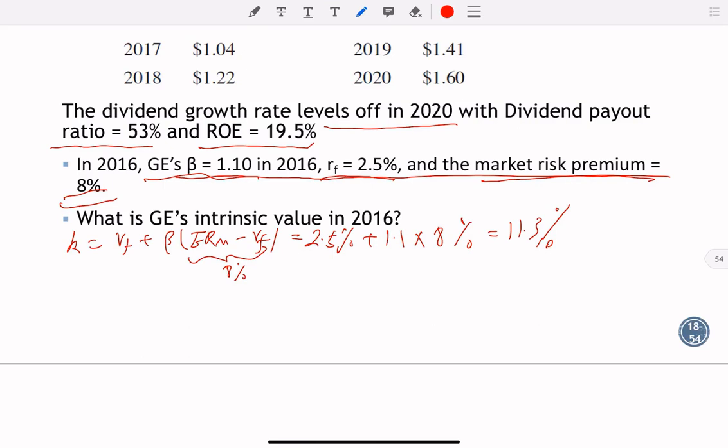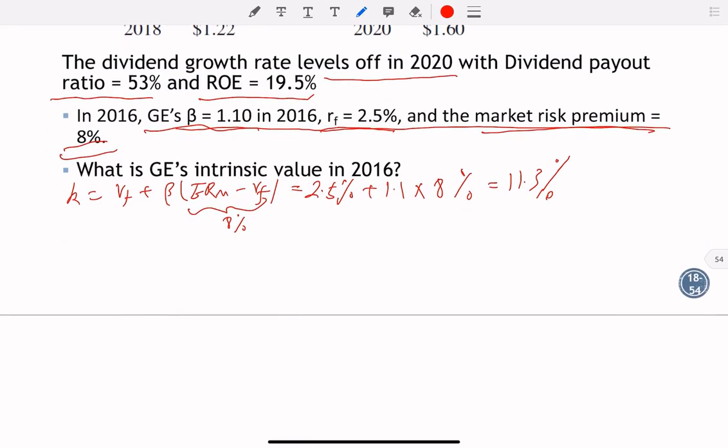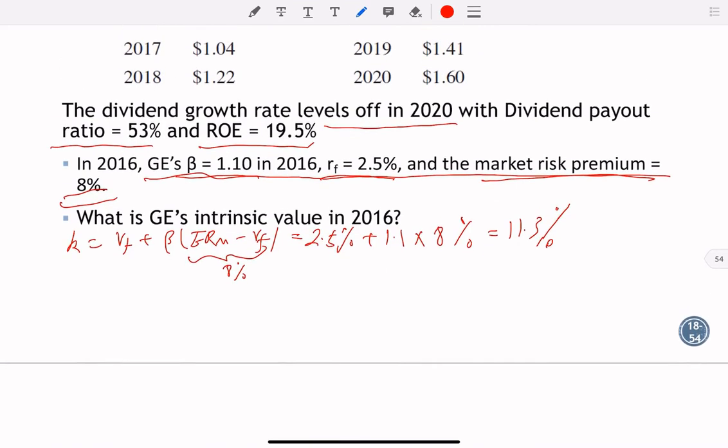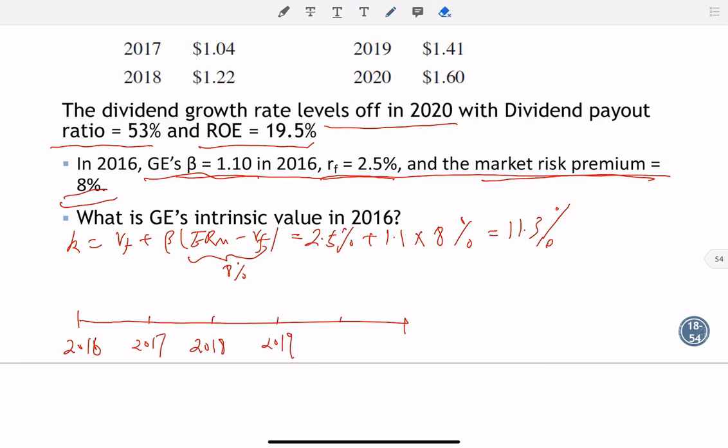Okay, next let me draw out the timeline and see how we could calculate GE's intrinsic value in 2016. We have multiple years: 2017, 2018, 2019, 2020, 2021, and the future to infinity.